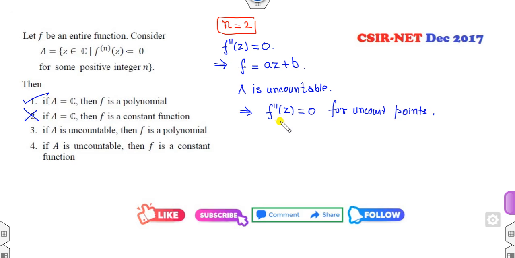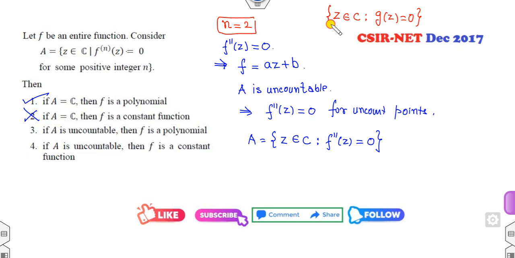So if the second derivative is 0, that means A will be the collection of all those z in C such that the second derivative is 0. Now just think about this collection of all those z where g of z is 0. What does it mean? That means z is the zeros of the function g. Same case for this, z is the zeros of f double dash.